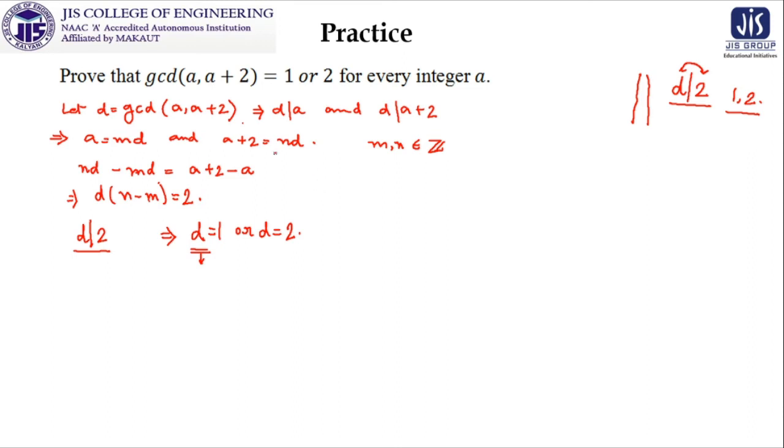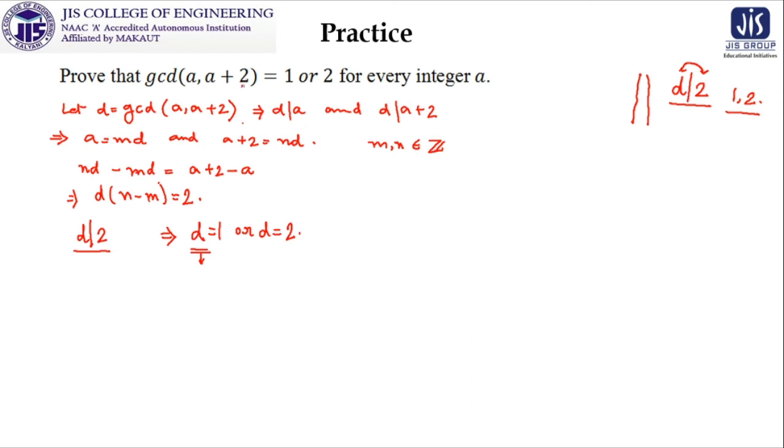Now N minus M can't be 0, because M and N can't be the same. If M and N are the same, then A is equal to A plus 2, so A is 0. So for 0 comma 2, the GCD is not the question over here.